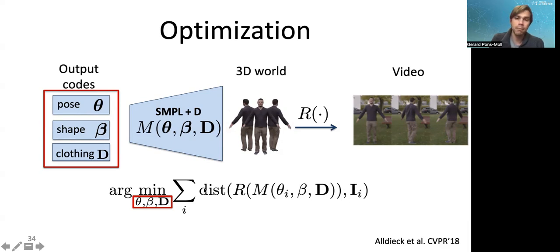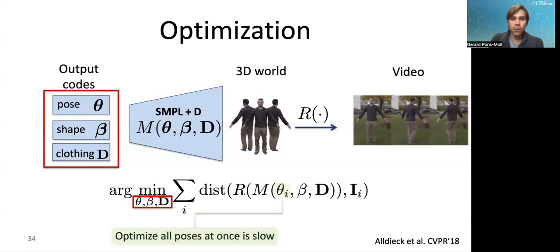And this distance measure might be a silhouette overlap, or the overlap of joints, or comparing edges, things like that, right? Comparing predicted features with detected features in the image.